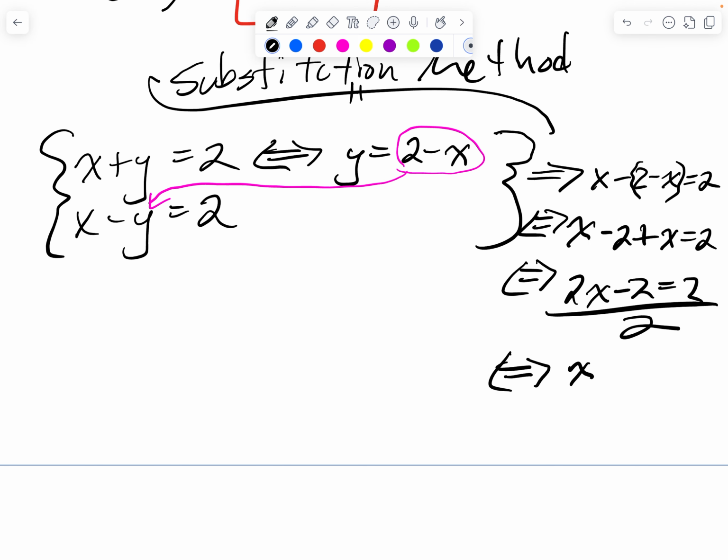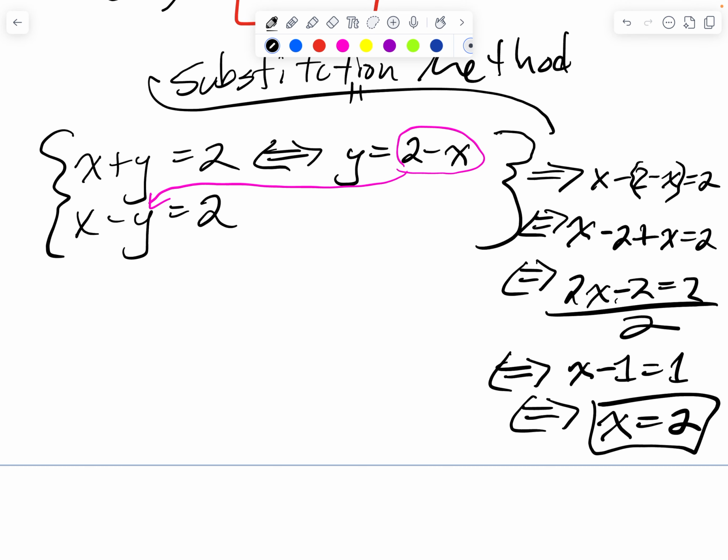If I make all the terms half as much, I mean, this is not official notation, but it should be. Y'all know what I mean. I'm dividing everything by 2. 2x over 2 is x, minus 2 over 2 is minus 1, and then 2 over 2 is 1. That's the same thing as saying add 1 to both sides. There we go.